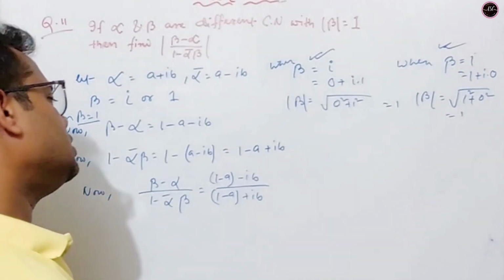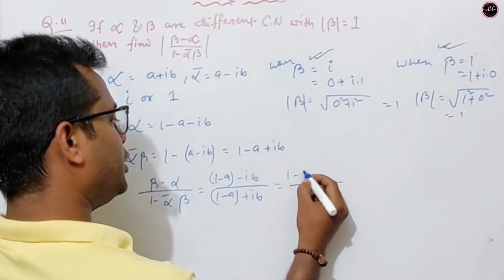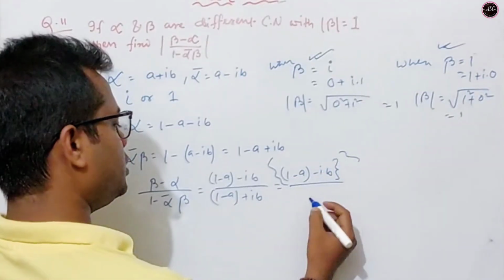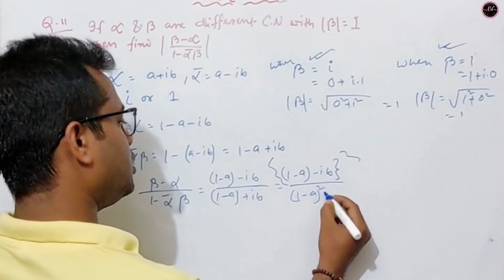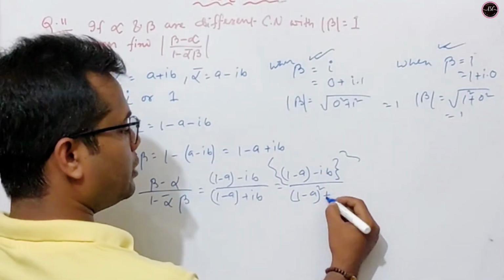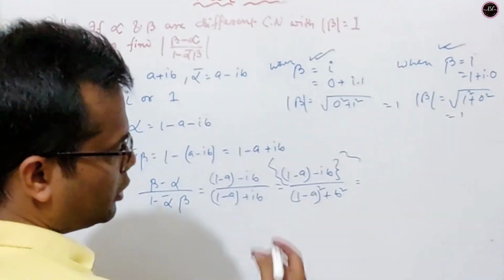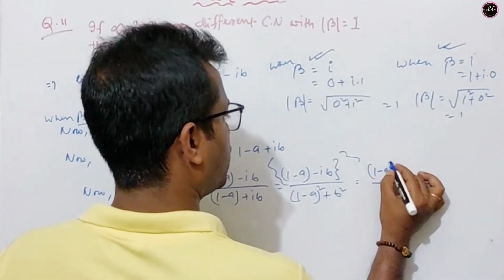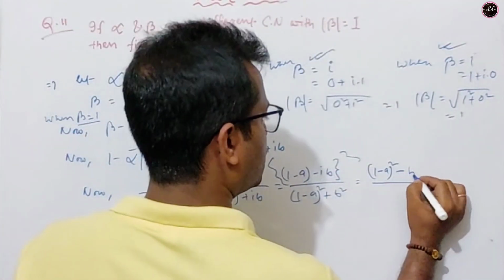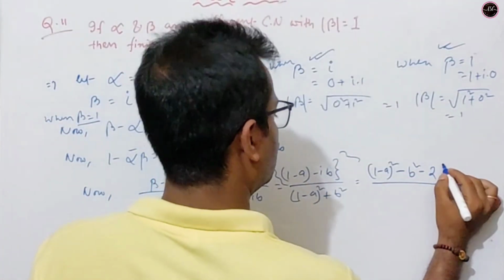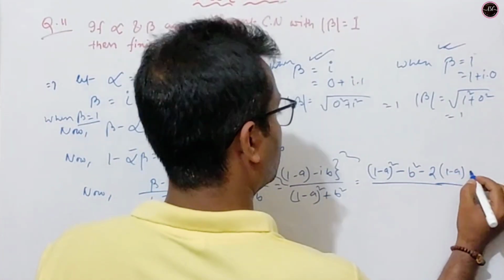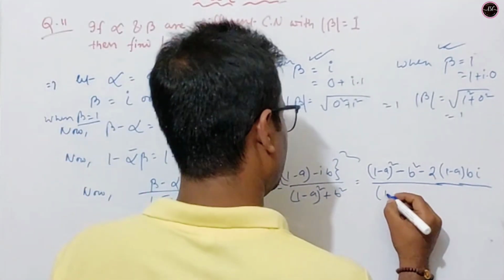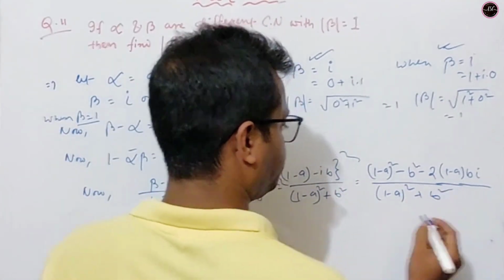Just rationalize this, we get (1 minus a minus ib) into this, that means this is whole square, in the denominator (1 minus a) whole square minus i square b square, that means plus b square. Now applying the formula, we get (1 minus a) whole square minus b square minus 2(1 minus a) b i, divided by (1 minus a) whole square plus b square.